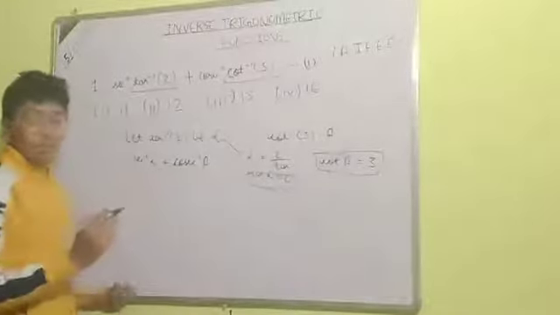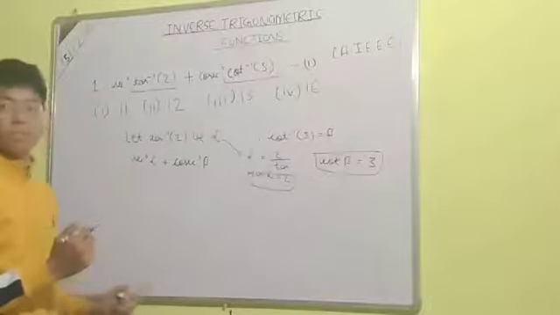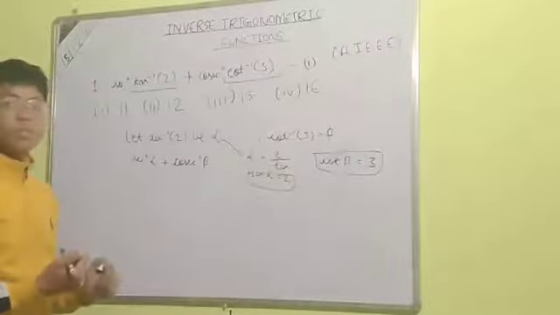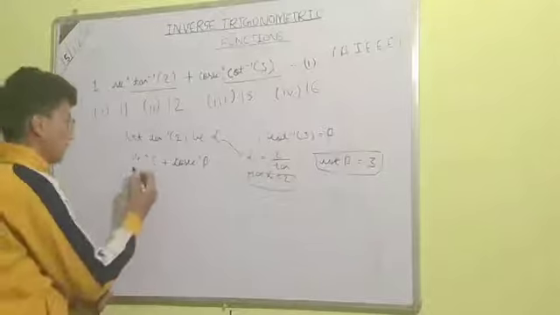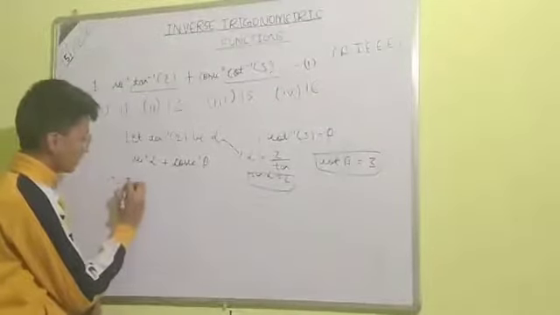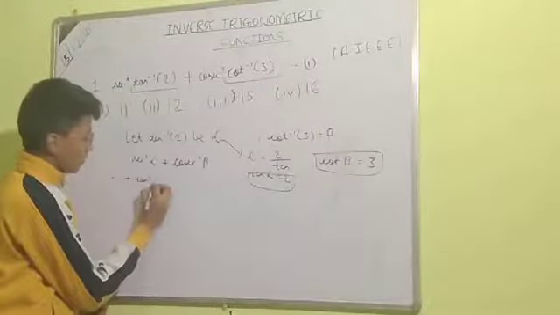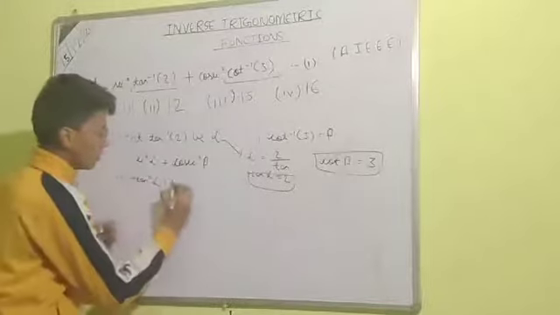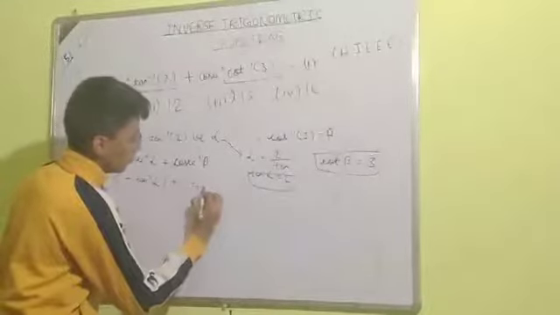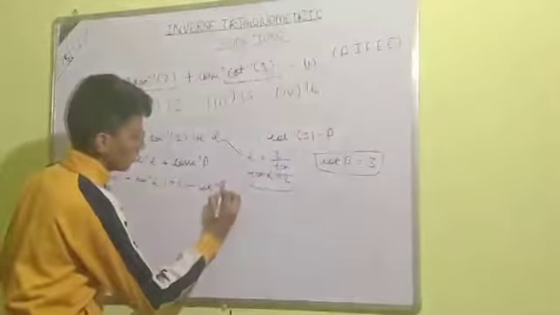So as there is a formula, sec square alpha is 1 plus tan square alpha, and cosec square beta is 1 plus cot square beta. So applying that formula here, 1 plus tan square alpha plus 1 plus cot square beta.